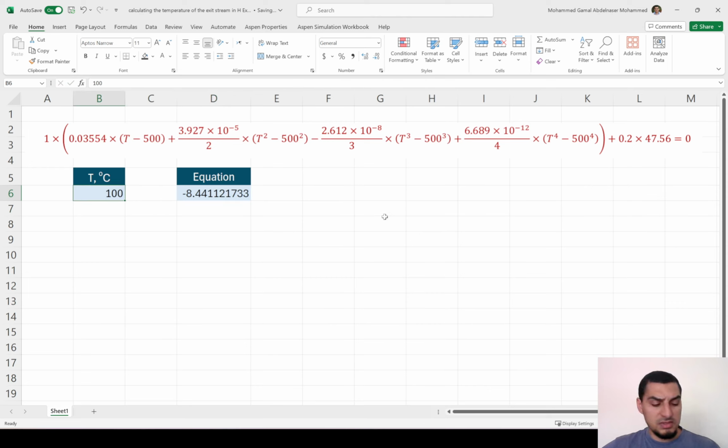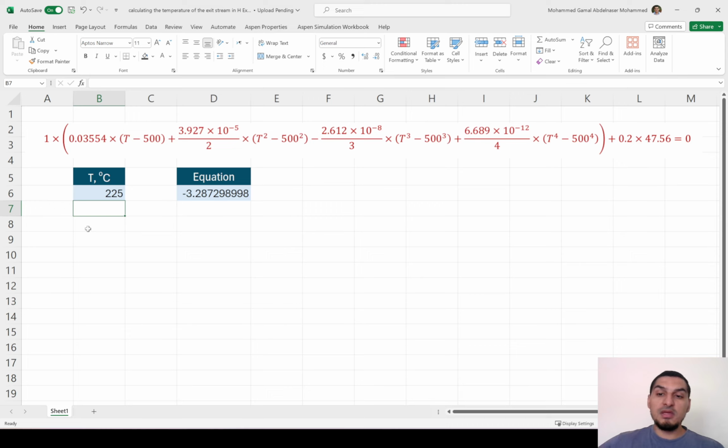So this is something that Excel can help us with, it will make it easy for us to change the number. So if I change it to 150, it's automatically calculated using the new number. If I make it, let's say, 200, then it's changing. If I make it 400, it's changing. So I can change it as much as I can, and I don't need to do the calculations each time, because it's already calculated from the temperature that I have here.